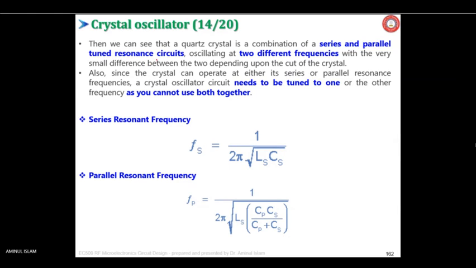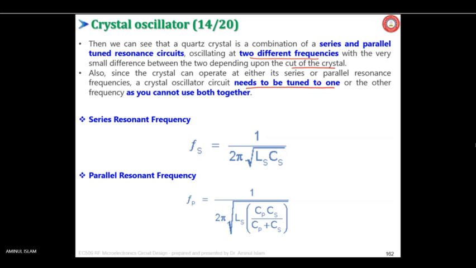You can see that the quartz crystal is a combination of series and parallel tuned resonant circuits oscillating at two different frequencies with a very small difference between the two frequencies after cutting the crystal. Also, since the crystal can operate at either its series or parallel resonant frequency, a crystal oscillator circuit needs to be tuned to one.